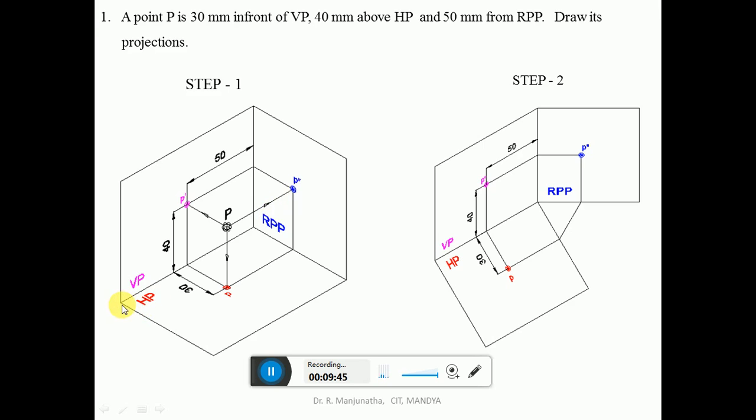HP will be below the vertical plane. Correspondingly, the images on the respective planes will also be rotated by 90 degrees. That is quite evident in the next sketch.